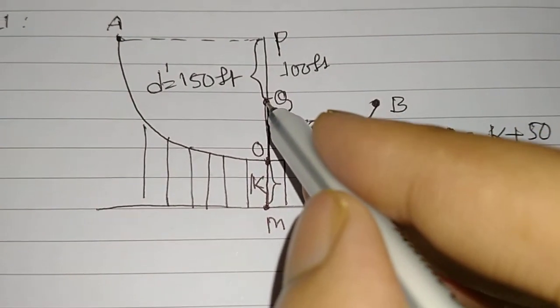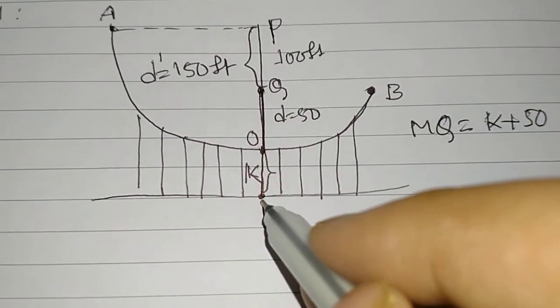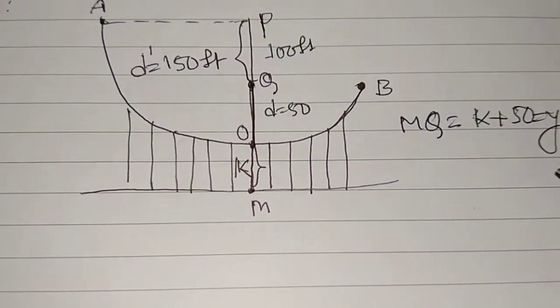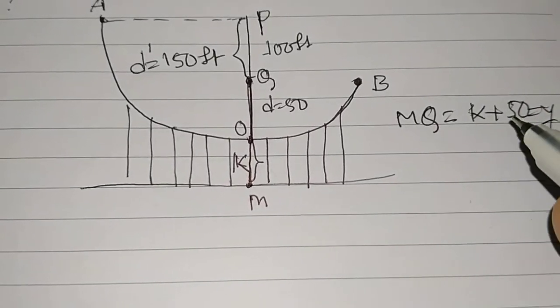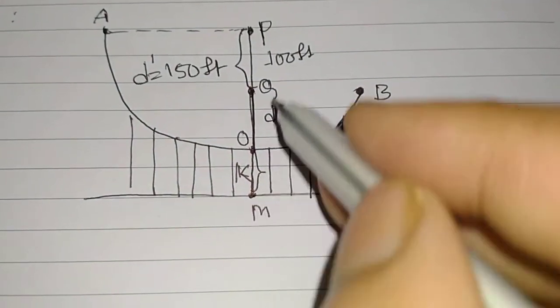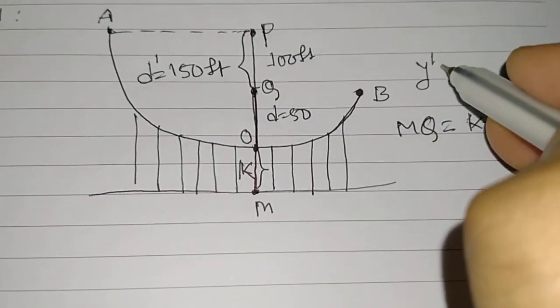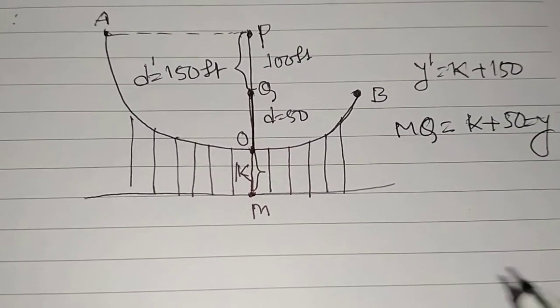From this point to this point, this distance is called Y, which is equal to MQ, and also from this point to this point, this distance is called Y prime, equal to K plus 150.